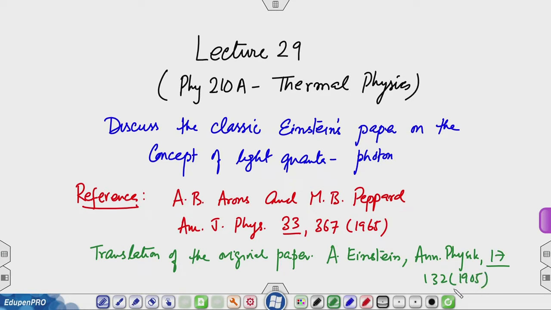This is the paper on which Einstein was awarded the Nobel Prize.